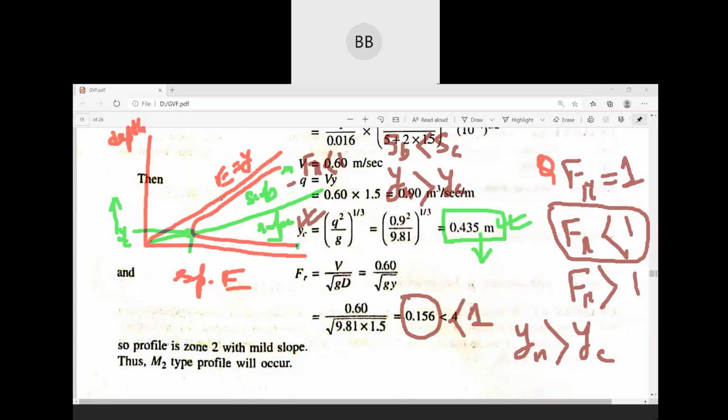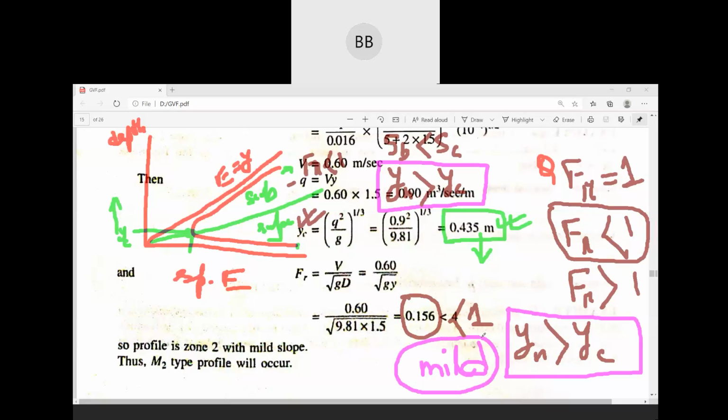Now, from this diagram or by finding out the Froude number, we have already identified that in our case, our normal depth is greater than the yc value. That means the slope here is mild, because it gives us the condition of mild slope.